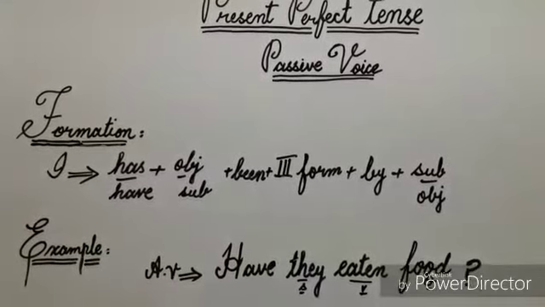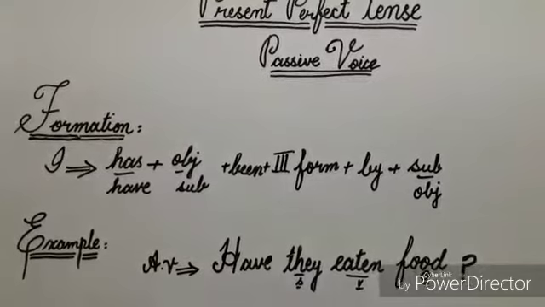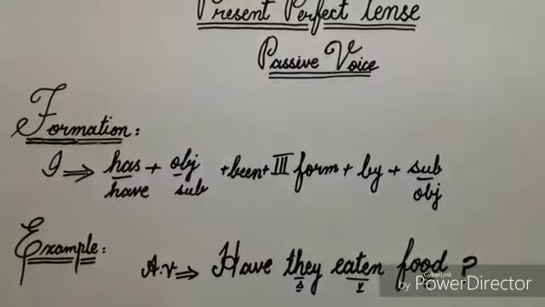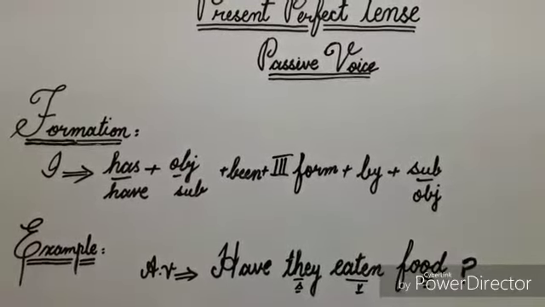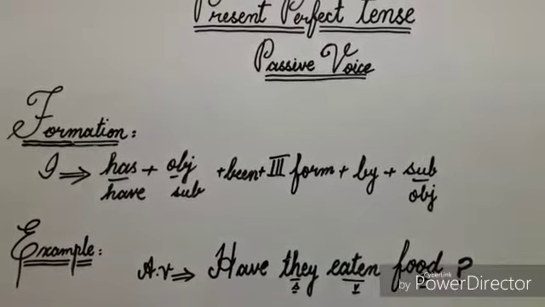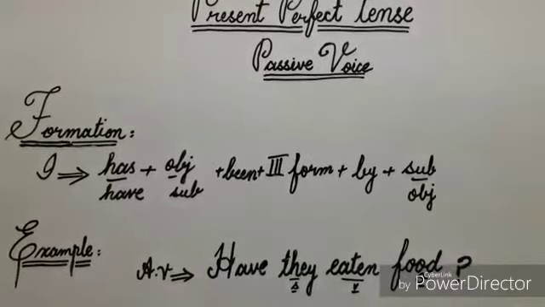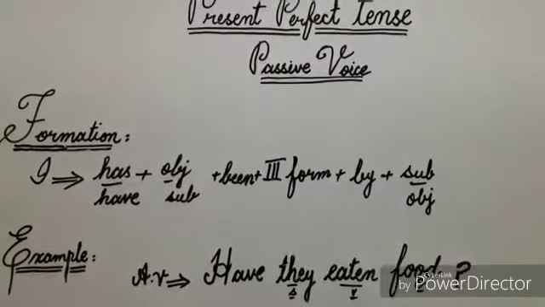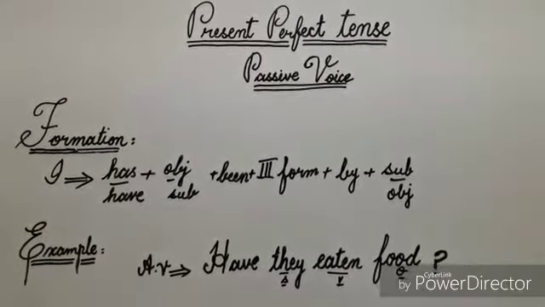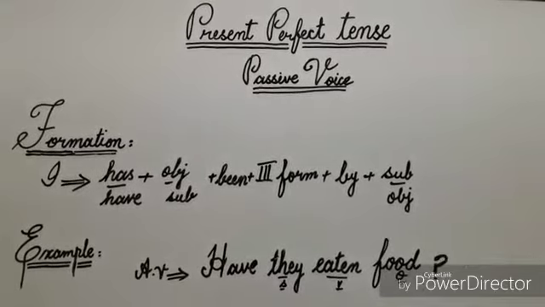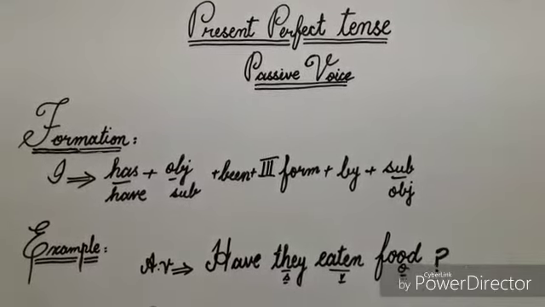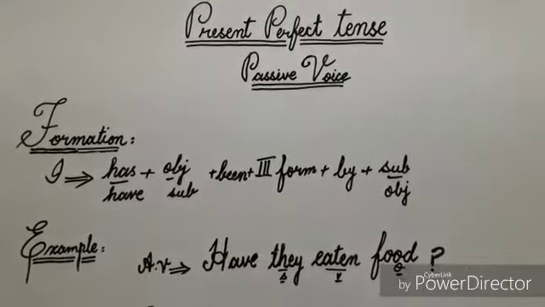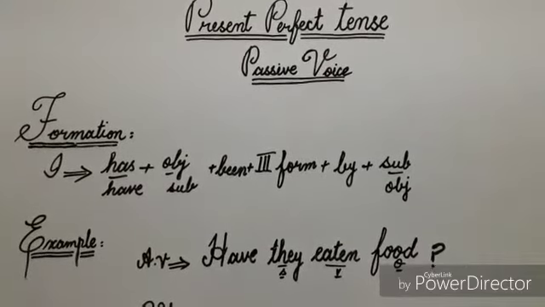In this sentence, the word eaten is verb because it is showing some action, and its subject is they because this word is doing the work of eating. Food is object because the work of eating is being done on it. In this sentence, the word eaten, which is a verb, is in active voice because its subject does something. So it's active voice sentence.